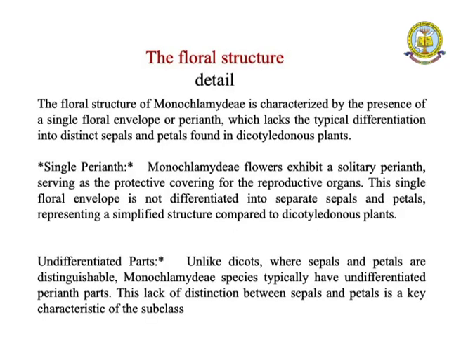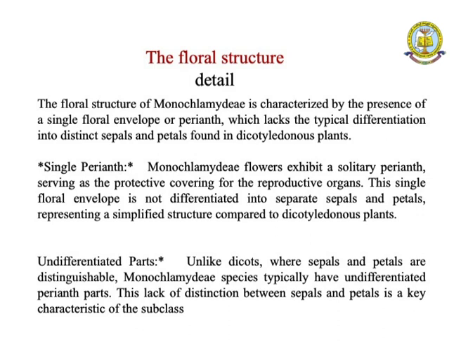So what is the floral structure of Monochlamydeae? It is characterized by the presence of a single floral envelope, the perianth, which lacks the typical differentiation into distinct sepals and petals found in dicotyledonous plants.